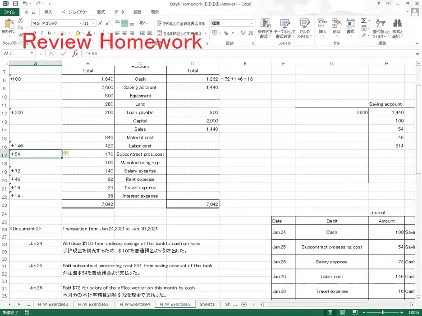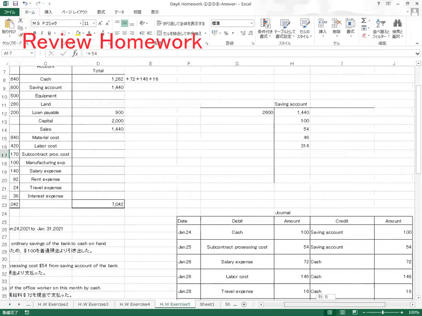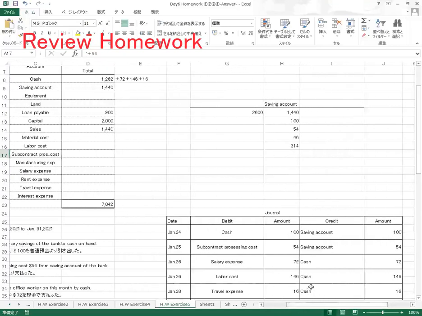Then the subcontract processing cost is the debit side. So Teacher Midori writes a memo of the subcontract processing cost 54. At the same time, saving account 54 at the credit side, written in the T account.